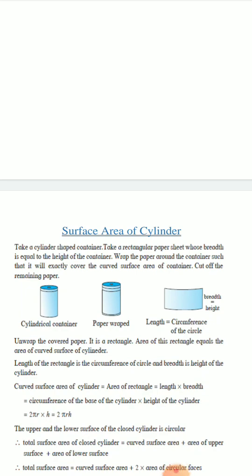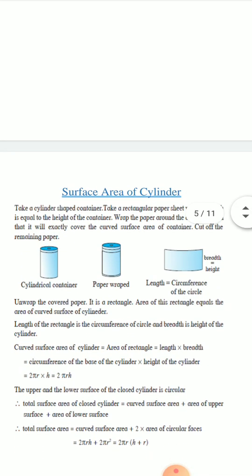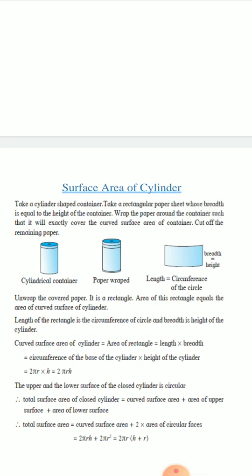I have to consider the upper surface as well as the lower surface of the cylindrical container. The upper and lower surfaces of a closed cylinder are also circular in shape. The total surface area of a closed cylinder is equal to the curved surface area plus the area of the upper surface plus the area of the lower surface.